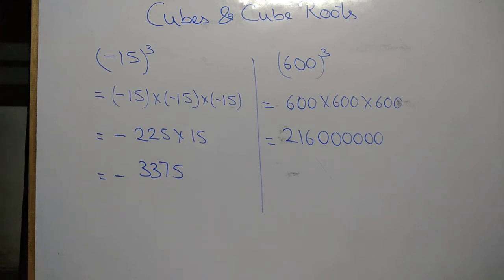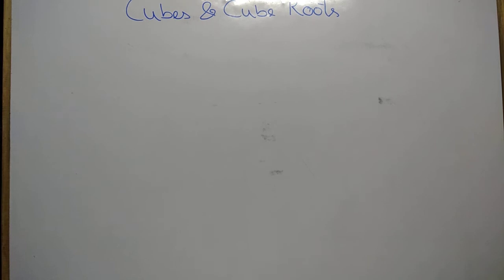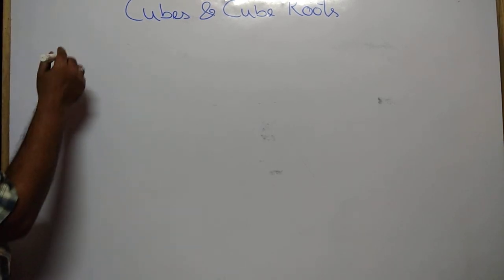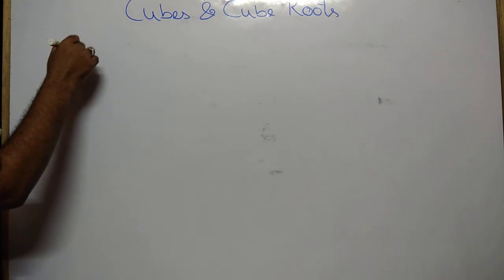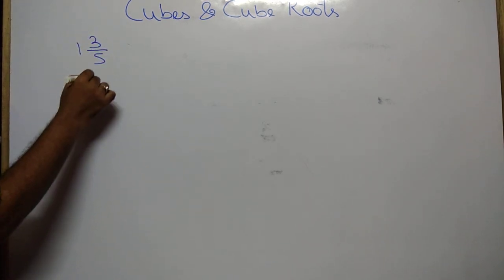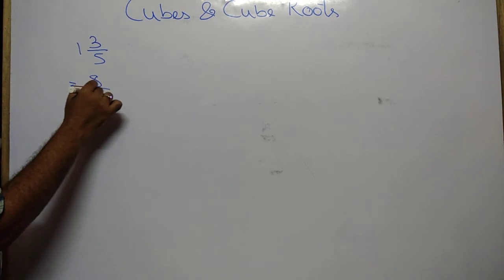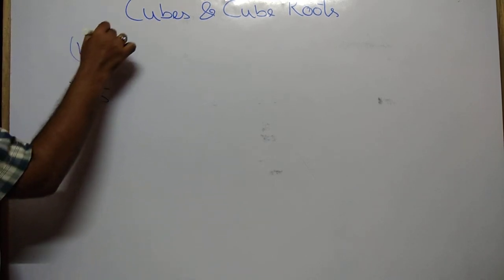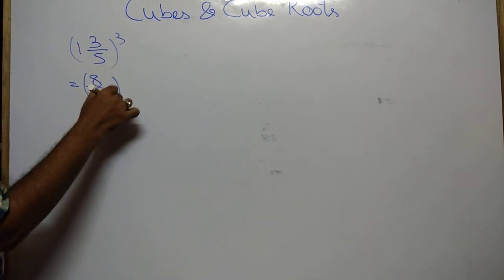Now solve one rational number. I'm going to find out the cube of this number. It's a mixed fraction, so we have to convert it into an improper fraction. It's 8 upon 5. We are going to find out the cube, so it's as it is cubed.